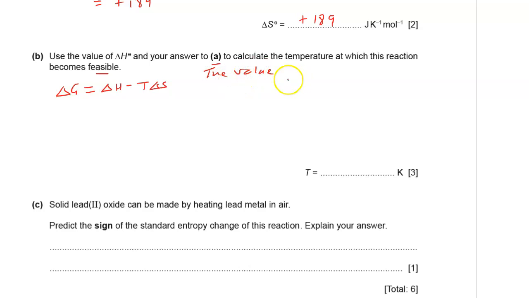The value of delta G must be negative for the reaction to be spontaneous.